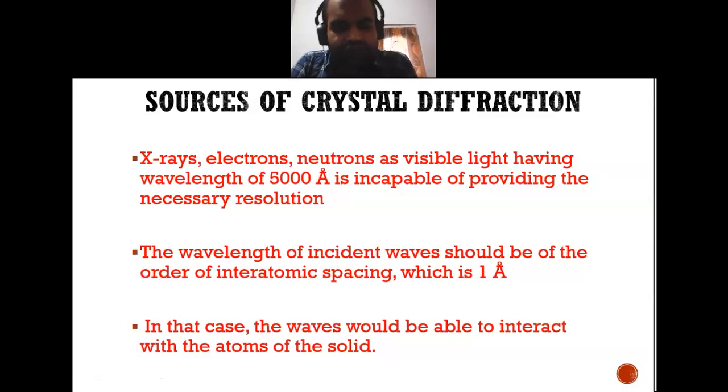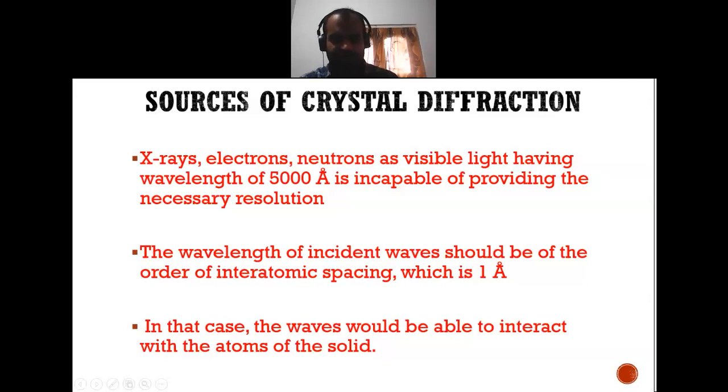The wavelength which we require to interact with the various crystallographic planes should be of the order of the interplanar or interatomic spacing. We discussed the interatomic spacing topic in the last class. That spacing, the small d value, should be of the order of 1 angstrom.